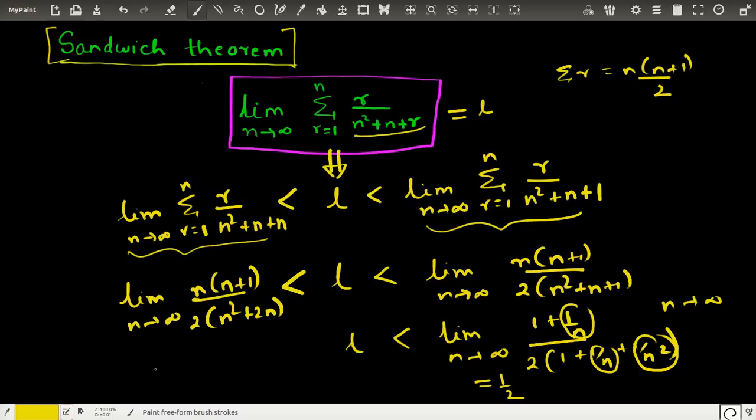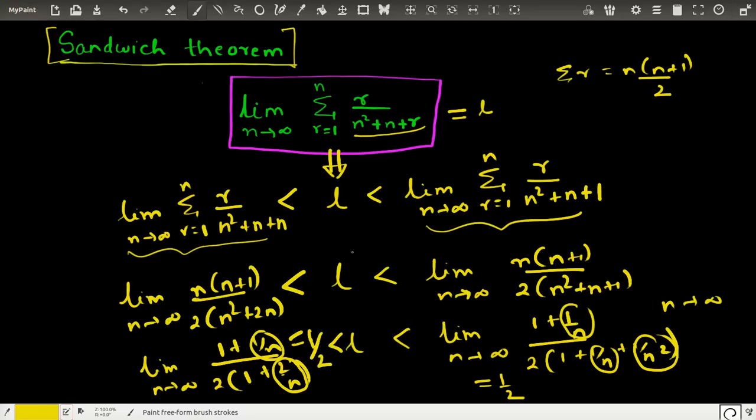If we again take n square outside, this will become 1 plus 1 by n upon 2 times 1 plus 2 by n. By the same logic, if n is tending towards infinity, 1 by n and 2 by n will go towards 0, which means the lower side also converges to the value 1 by 2.